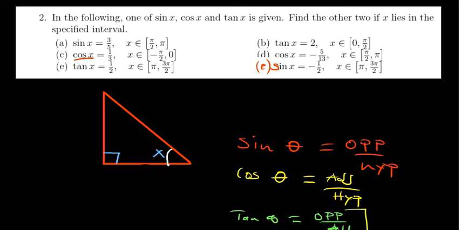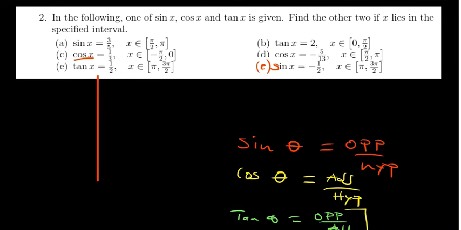Now we've gone to the ones with the negatives. So we have cosine of x equal to negative 5 over 13. If we had to come up with the quadrants, we know that all students take coffee.